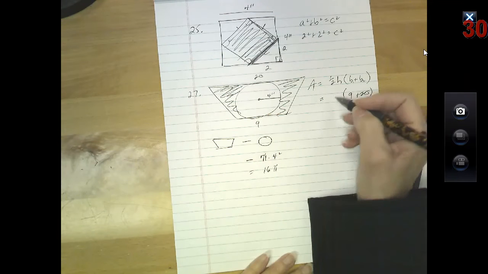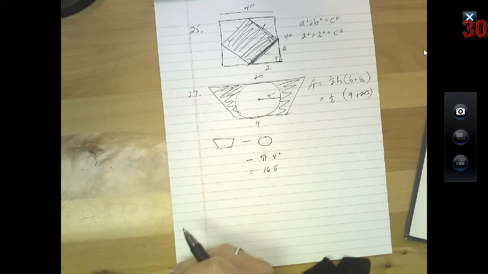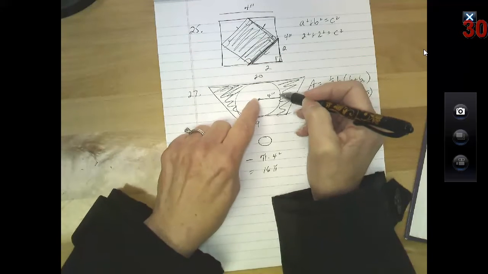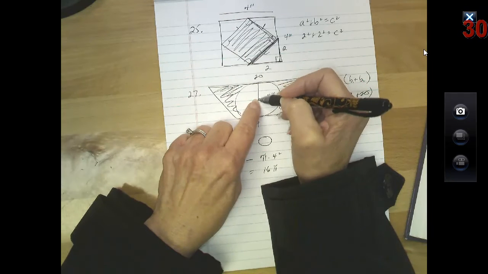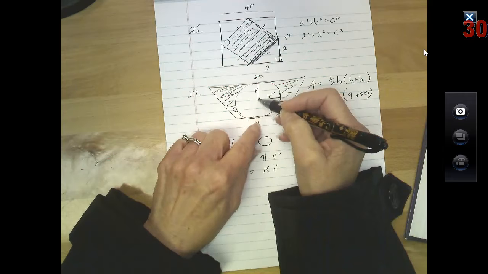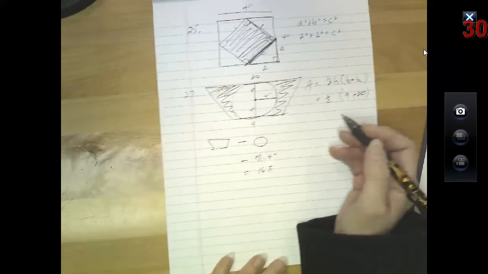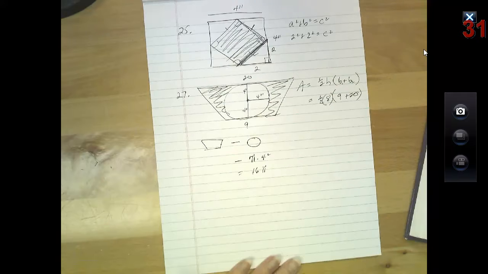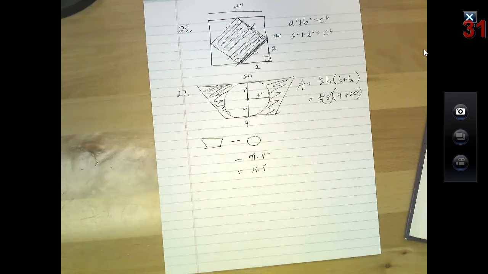We need the height. We don't know what that is. But if you take this radius and turn it around up here, that's also 4 inches, and this part's also 4 inches. So the height is 8. Then you can work that out and get the answer. It should be in the back.